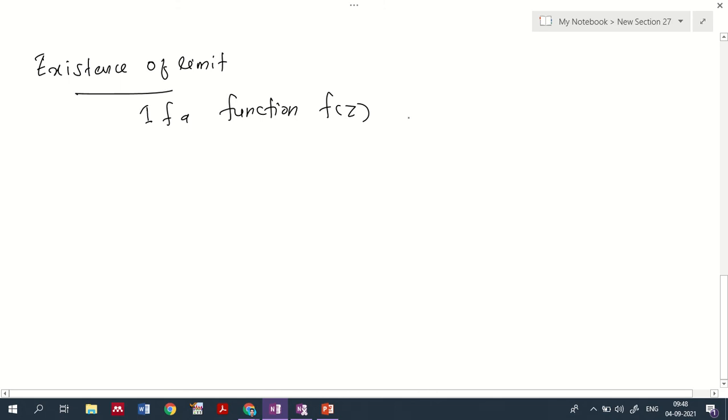Now if I want to check whether the limit is existent or not, the existence of a limit, what does it mean? Let me take the case of a complex variable function f of z.